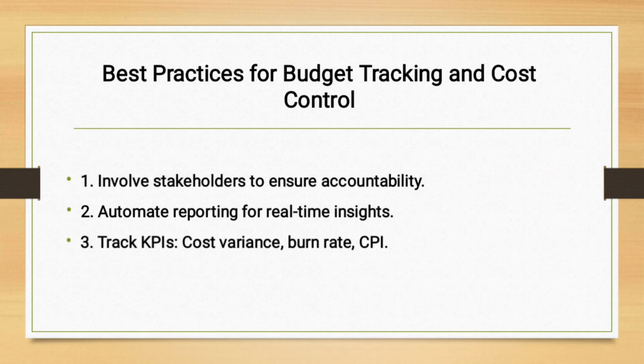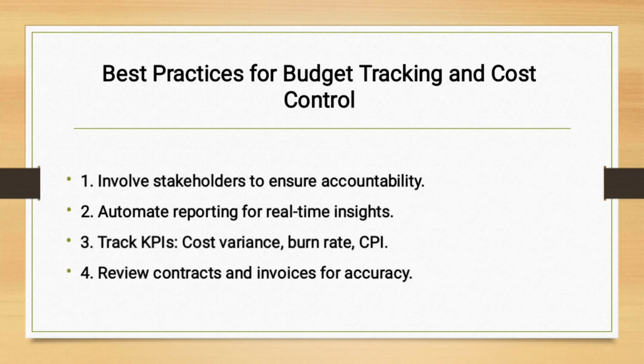The burn rate is the speed at which you are spending your budget. So track your speed. Another one, you should track your cost performance index, that's CPI. The CPI deals with efficiency of spending. So also track the efficiency of how you're spending your budget.